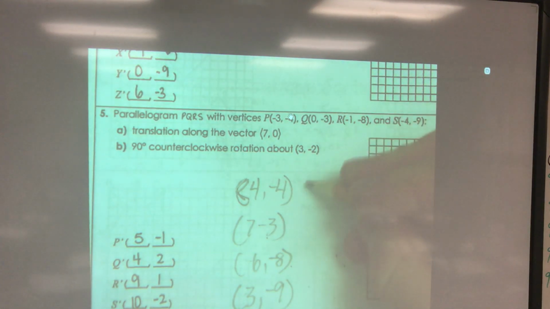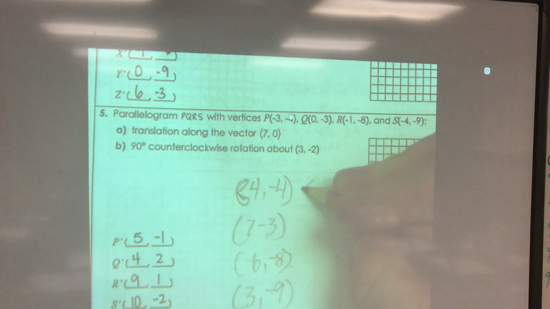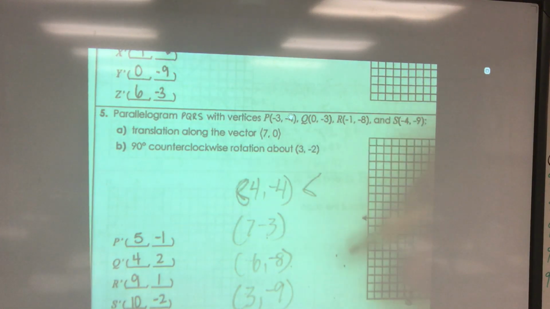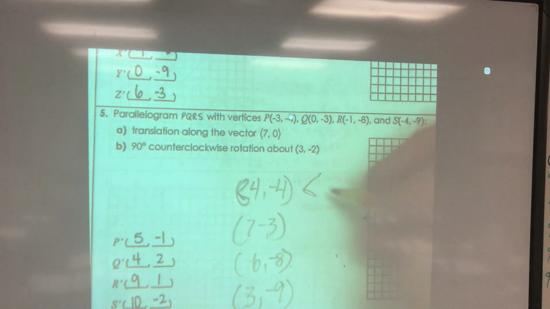So this vector is going to be from here to here, that's going to be 1, and that's going to be -2.